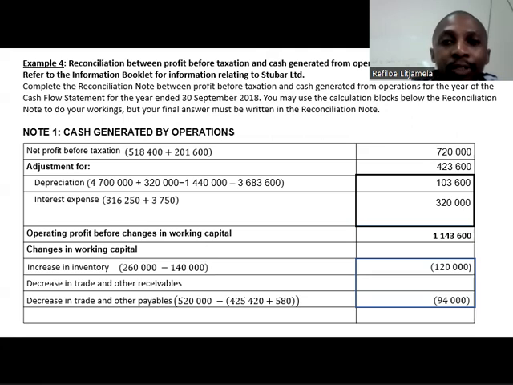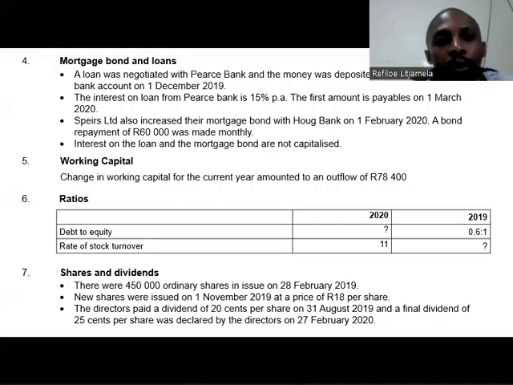And you realize that for changes in working capital, they told you what the changes in working capital amount was. Now, as I've said in point 5, they specified that change in working capital for the current year amounted to an outflow of 78,400. So we'll put that as net change in working capital and see where it gets me to.